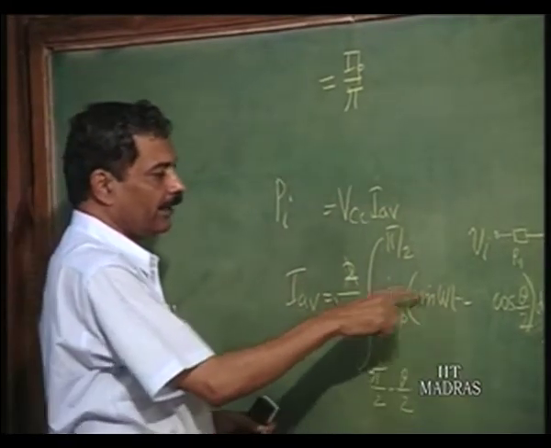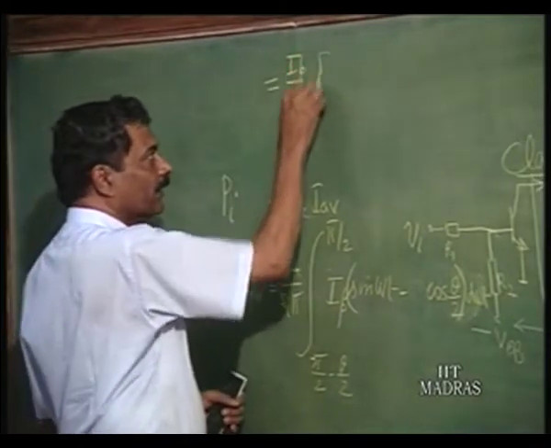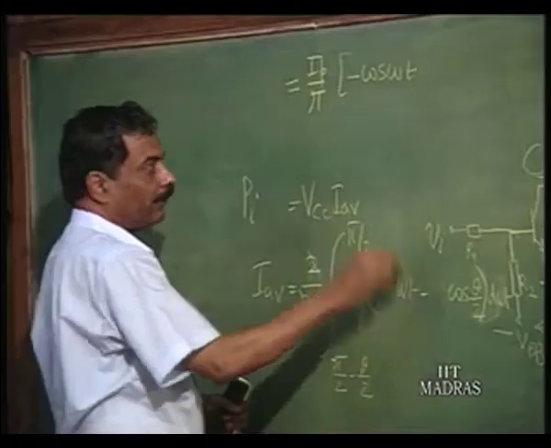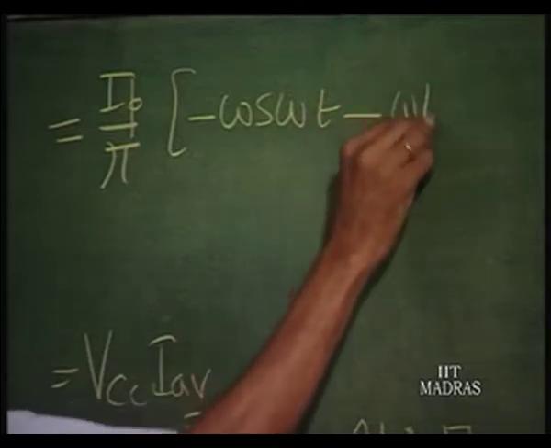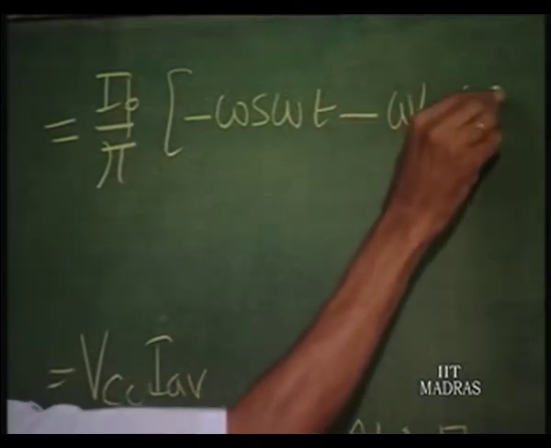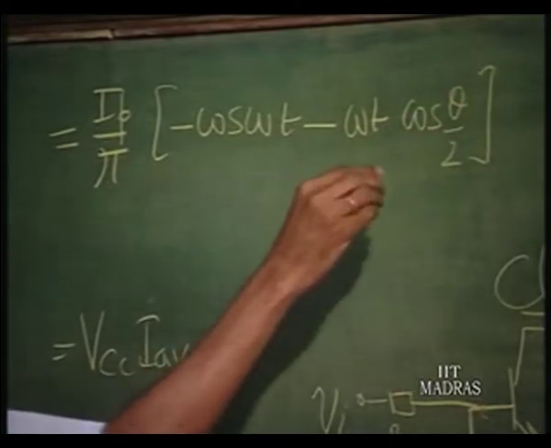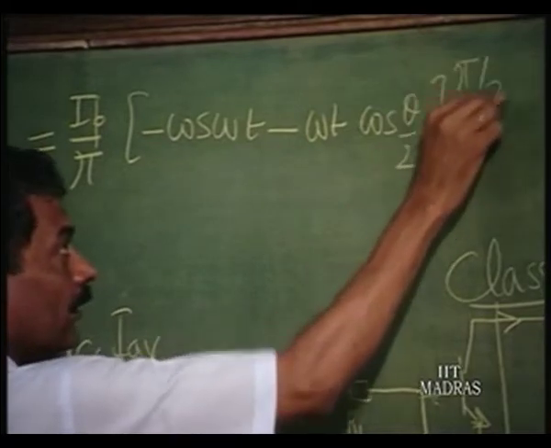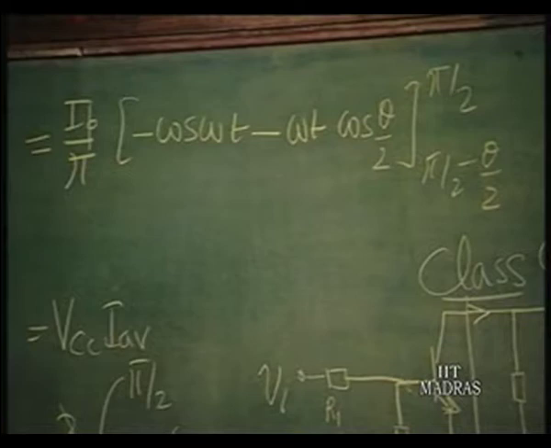into integral of sin omega t, which is minus cos omega t minus cos theta by 2. The limit from, let us say, pi by 2 minus theta by 2 to pi by 2.